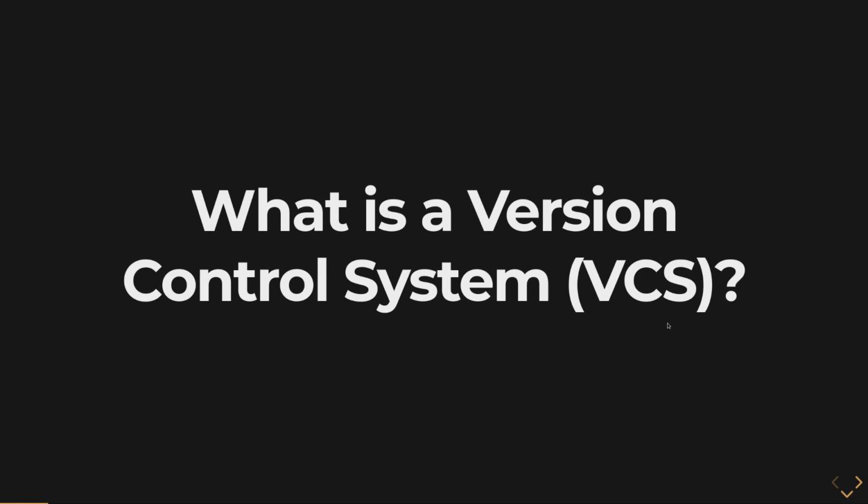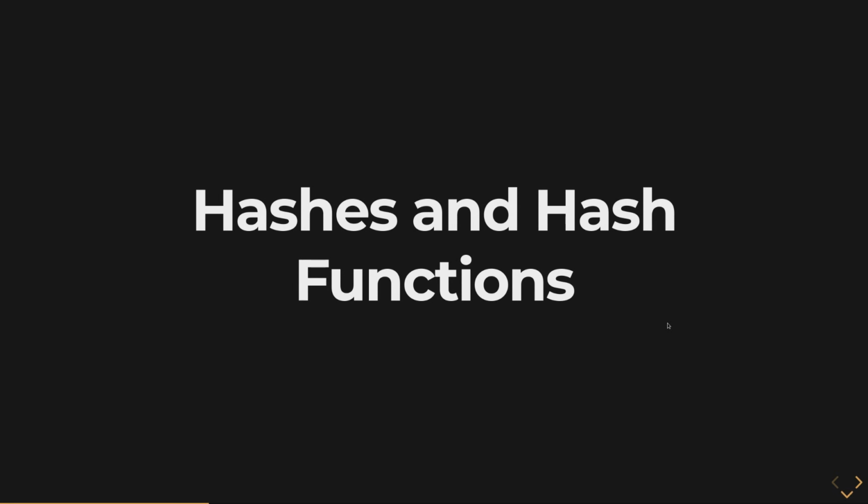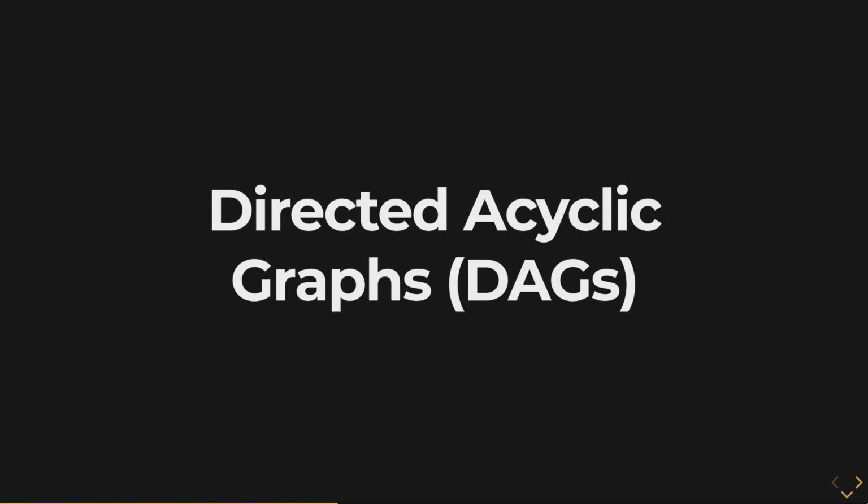Now, we've talked about what a version control system is. We did that in lecture number 1. We've had a look at hashes and hash functions. And we've talked about DAGs. We'll talk about them again, but at least we've covered them. We've gone through them in a sort of initial attempt to cover them.